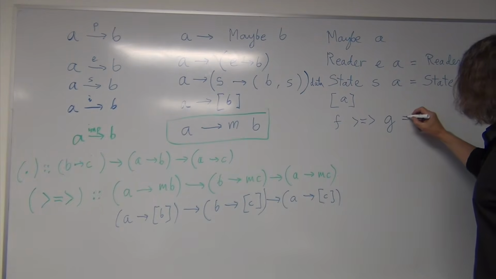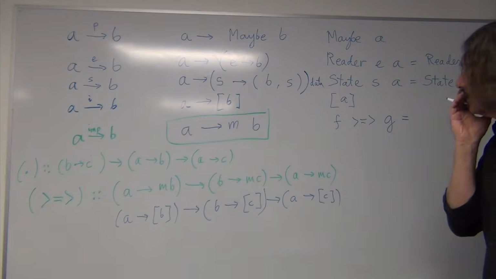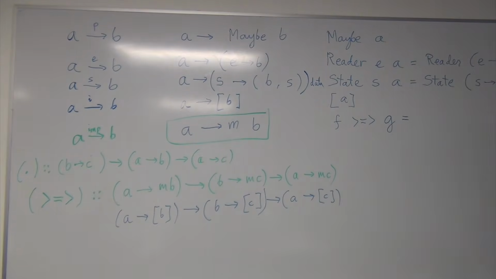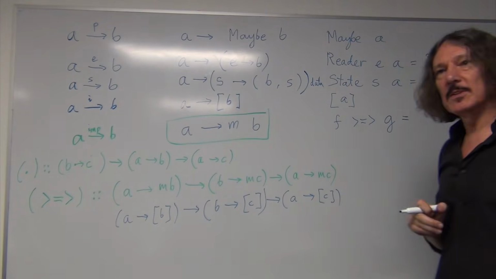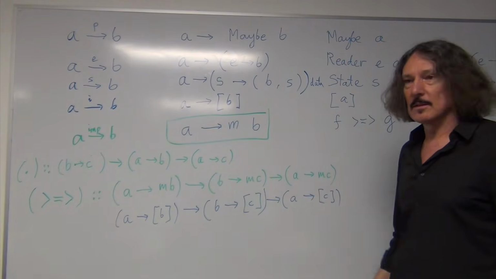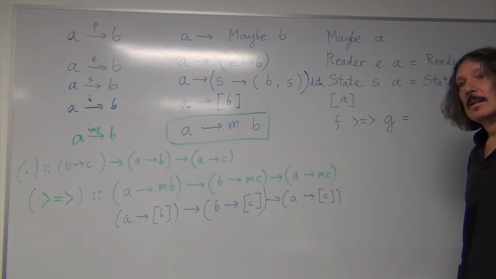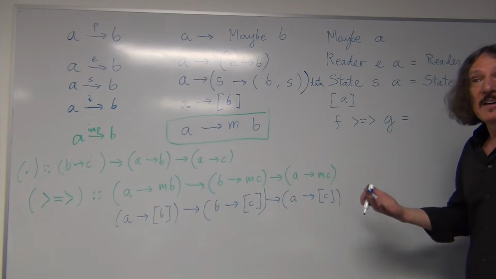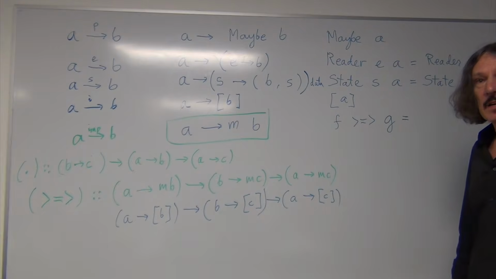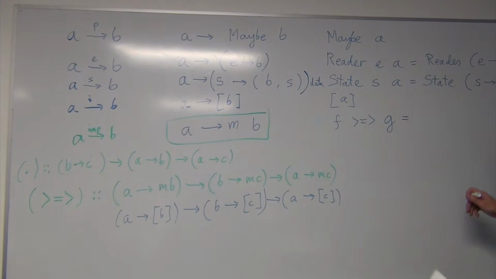And it should return some kind of function. If it's supposed to return a function from A to list of C, we have to define this function on the spot. So let's define this function on the spot.